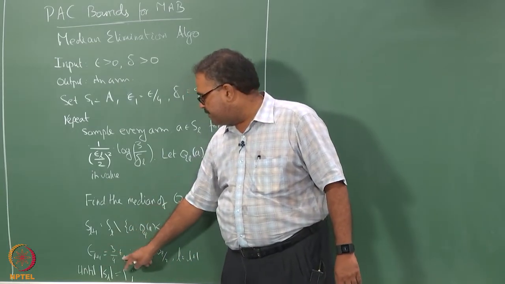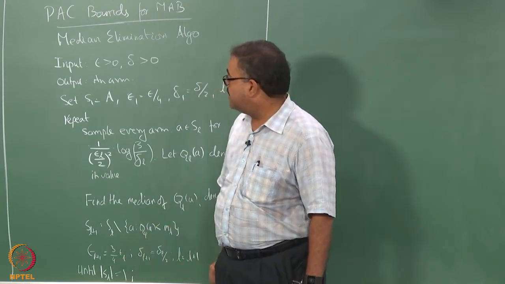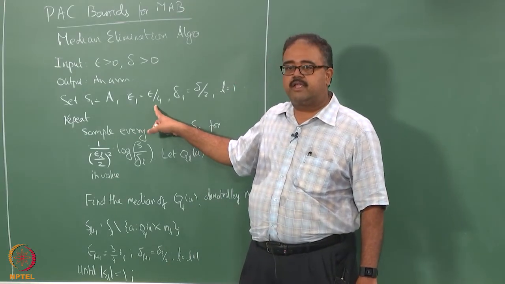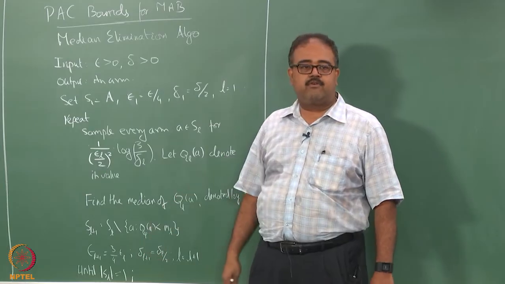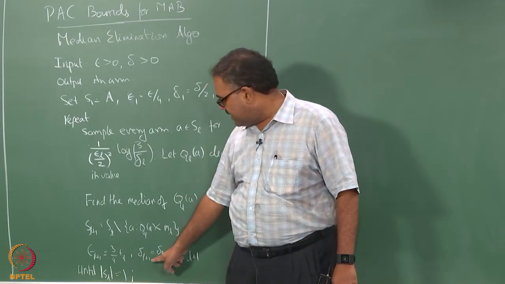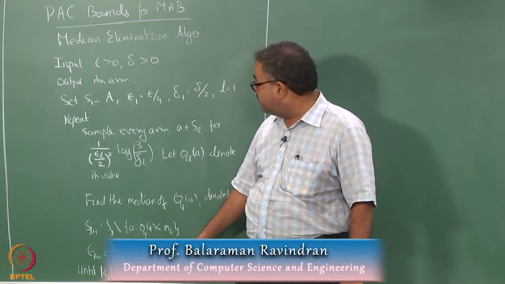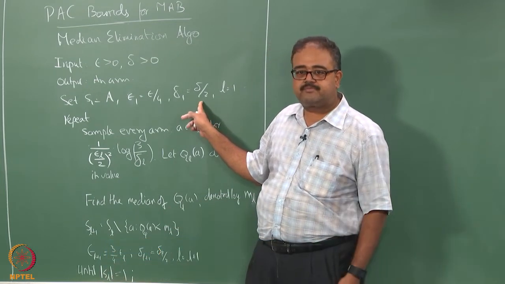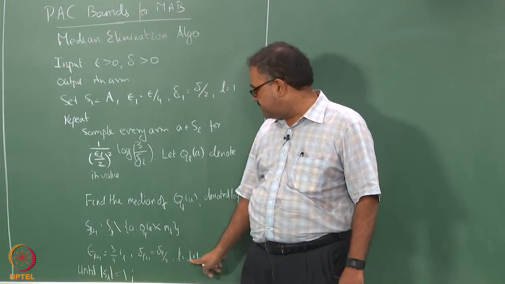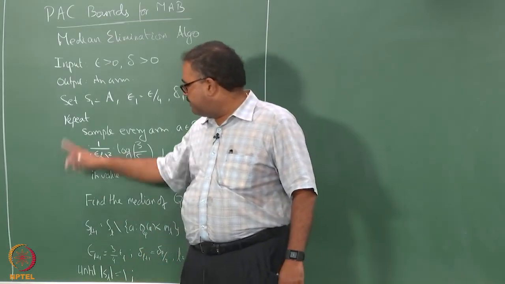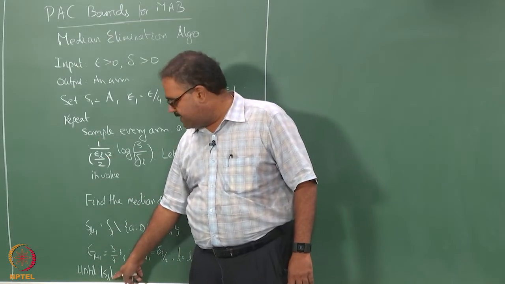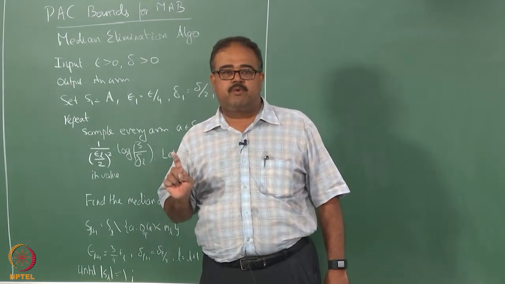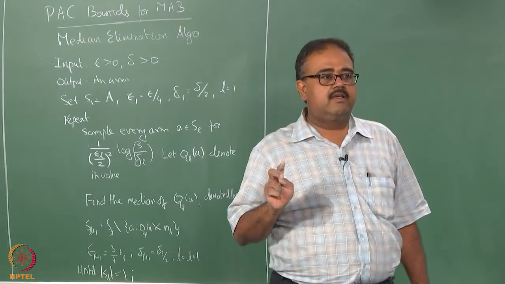Epsilon_{l+1} becomes 3/4 of epsilon_l. Epsilon_l itself started as epsilon by 4, so now it becomes 3/4 of epsilon by 4, and delta_{l+1} becomes delta_l by 2, which already started as delta by 2, so it becomes delta by 4, and l equals l plus 1. I keep going until S_l becomes 1, the number of arms left becomes 1.